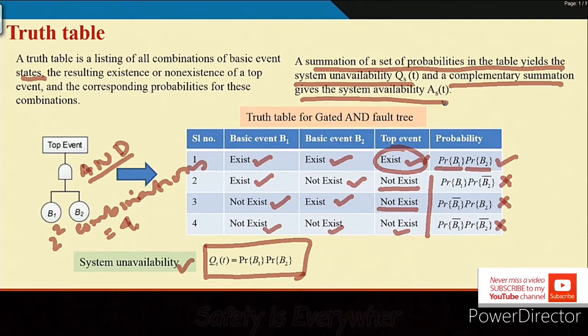The probability of a combination when the system fails leads to the unavailability, and the probability of a combination for which the system state is successful leads to the system availability, and the sum of the two will obviously be 1.